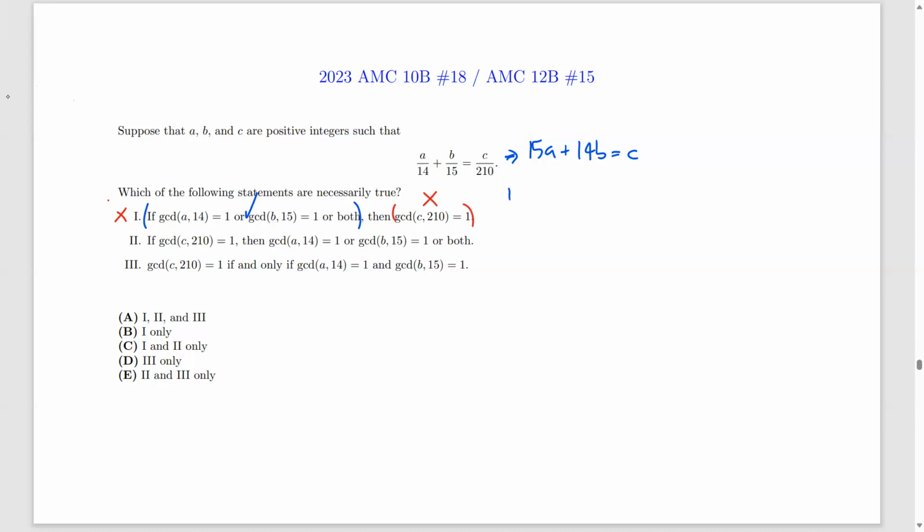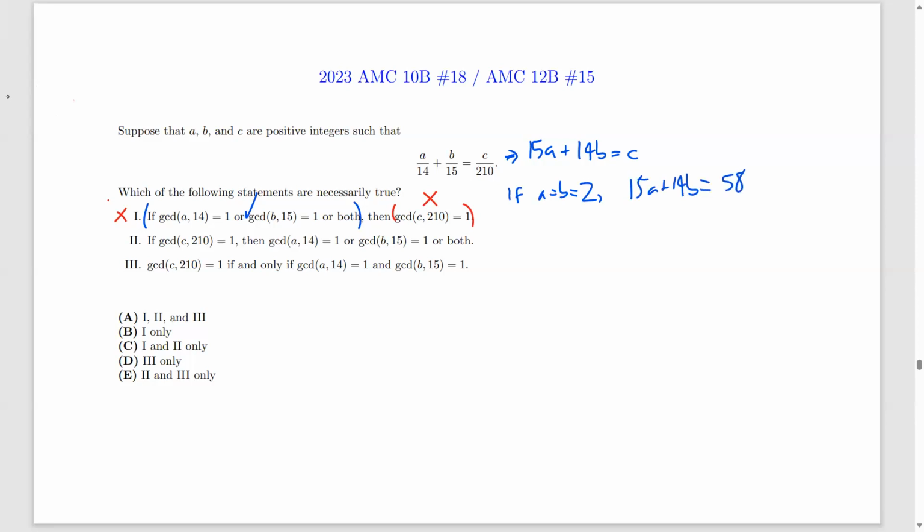And we see that if a and b are both equal to 2, then the GCD of b and 15 is 1. So this satisfies the if statement. But for this choice of a and b, we see that 15a plus 14b is equal to 58.